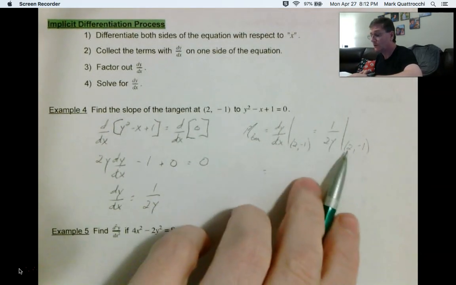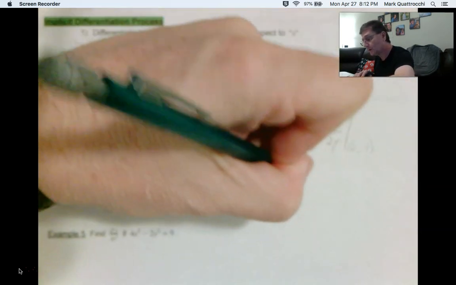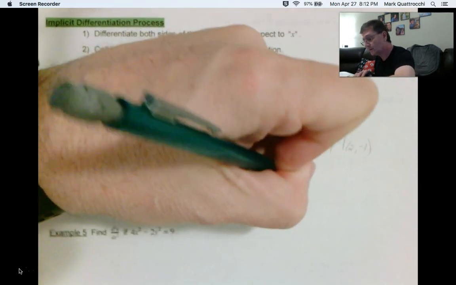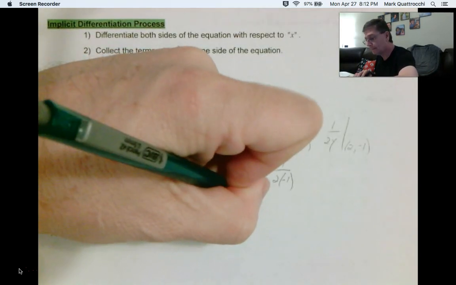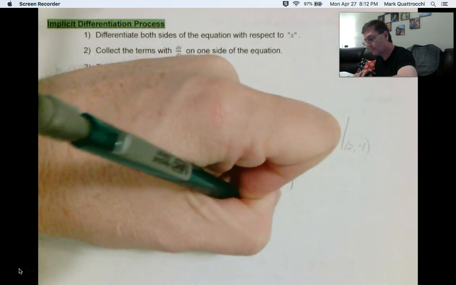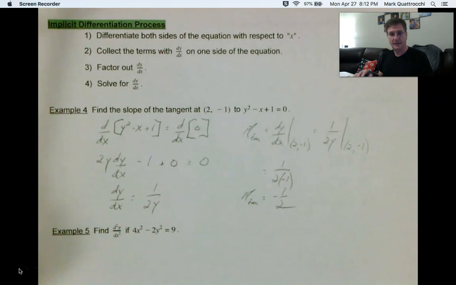There are no x's. It's just 1 over 2 times negative 1. The slope of the tangent is equal to negative 1/2 at the point (2, negative 1).